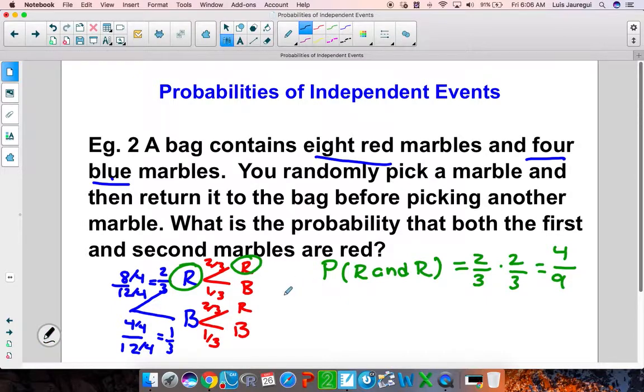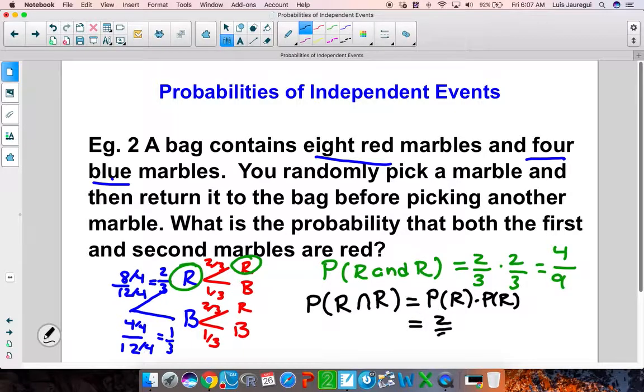However, you could have realized that since you're putting the marble back into the container, these two events are independent. So using the formula for independence, we know that the probability of R and R will just be the product of the probabilities. So you have the probability of R times the probability of R. And we have already discussed that the probability of R is 2/3, so it's 2/3 times 2/3 in this case.